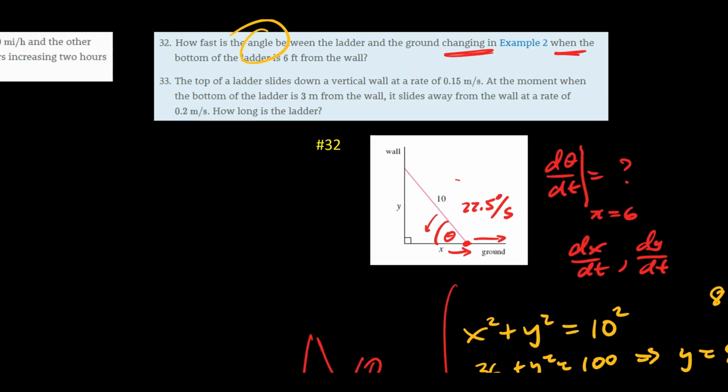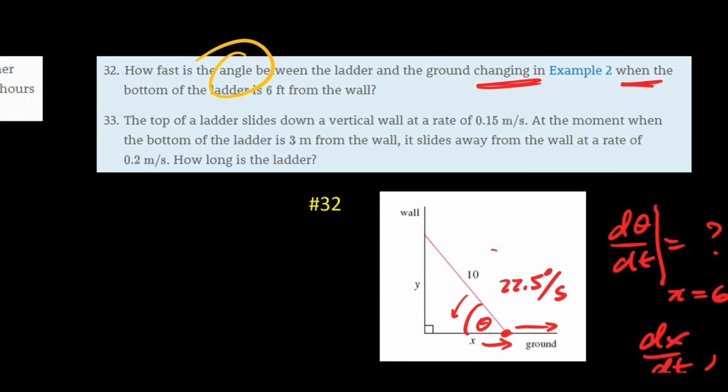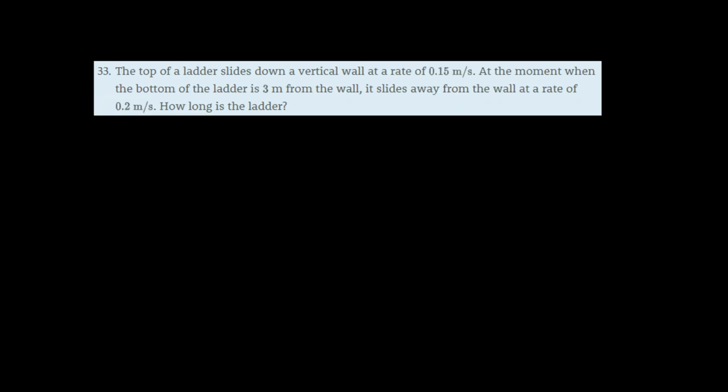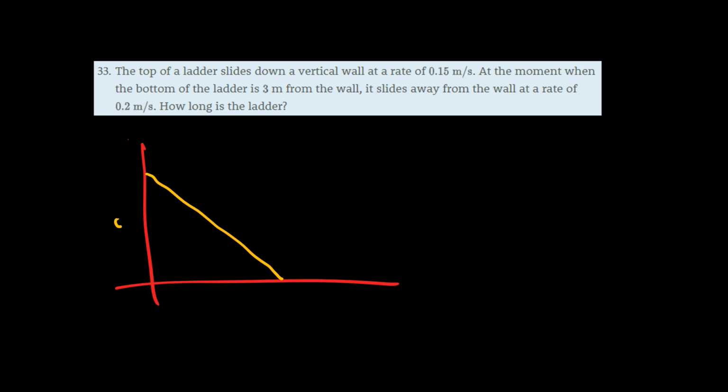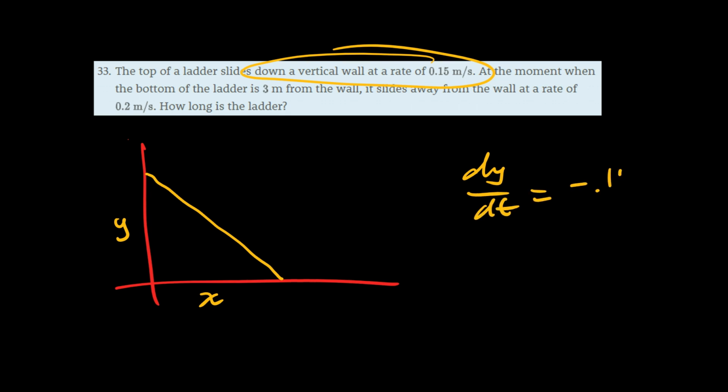All right, so now let's look at number 33. So we have a ladder, and it's sliding down a vertical wall at a rate of 0.15 meters per second. So if we call this y, and this x, it says it's sliding down the vertical wall at a rate of 0.15, so dy over dt, y is getting smaller, so that's negative 0.15 meters per second.